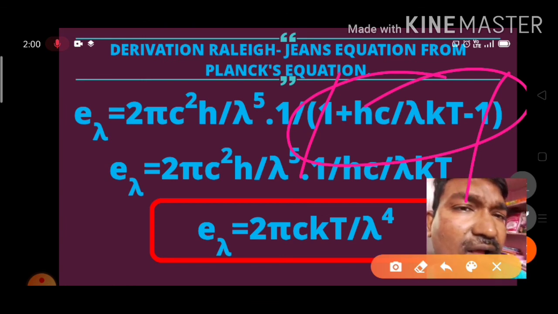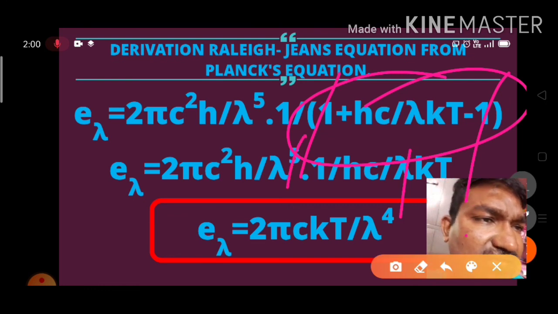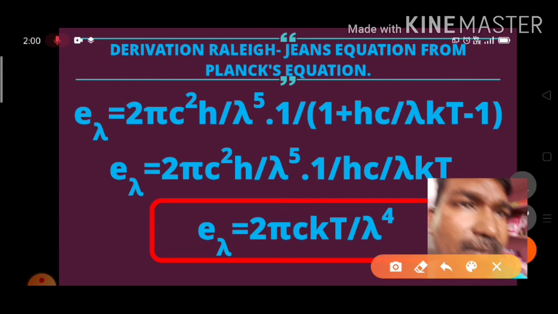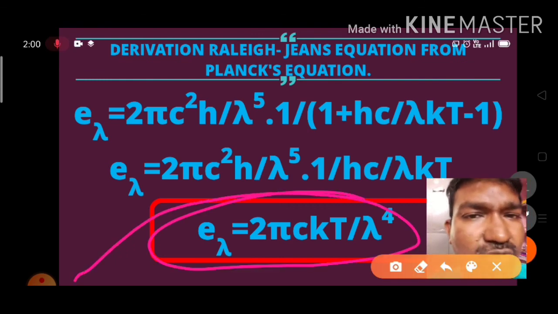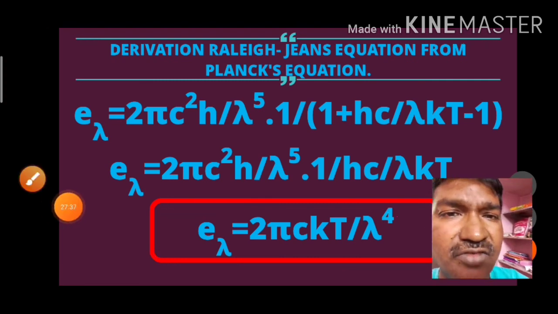So on striking out the lambda and lambda, the equation becomes 2πckT by lambda to the power of 4. So this is nothing but again the Rayleigh-Jeans equation. That means now we are able to derive the Rayleigh-Jeans equation at higher wavelengths.